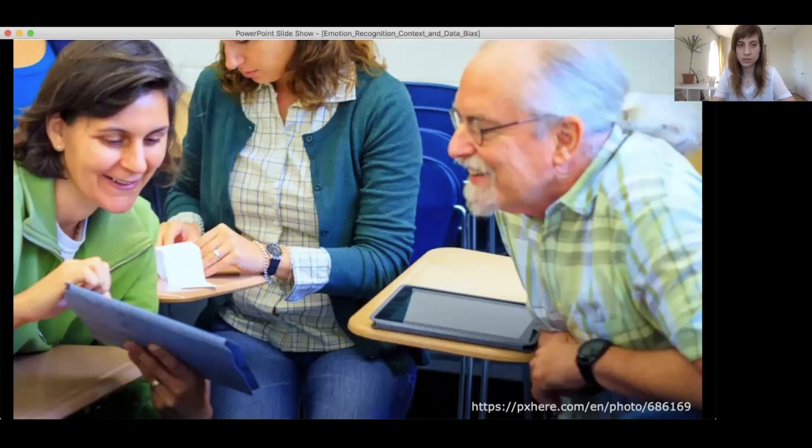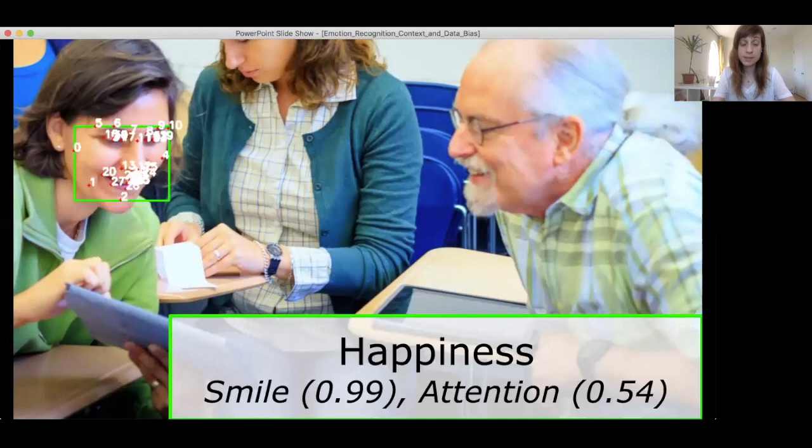When we run current algorithms of facial expression analysis on this image, we find this. The system works very well in detecting this woman's face and the key points, and it returns a happiness emotion, because it detected a smile with strong confidence, and that's pretty good.